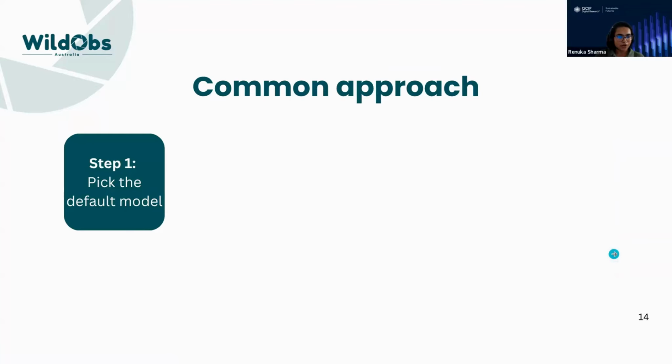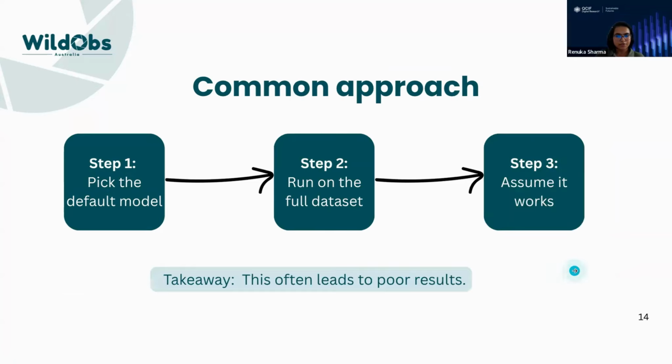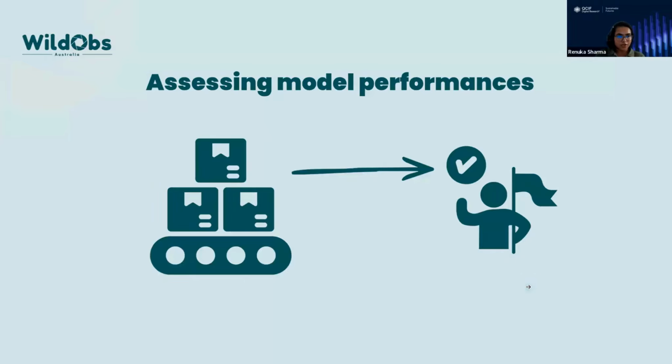The common approach that ecologists follow is they pick a default model and then run it on the full dataset and safely assume that it works. But sometimes it leads to poor results because not all the models are designed for every use case. That's why today I want you to understand how to find the right model for your purposes.